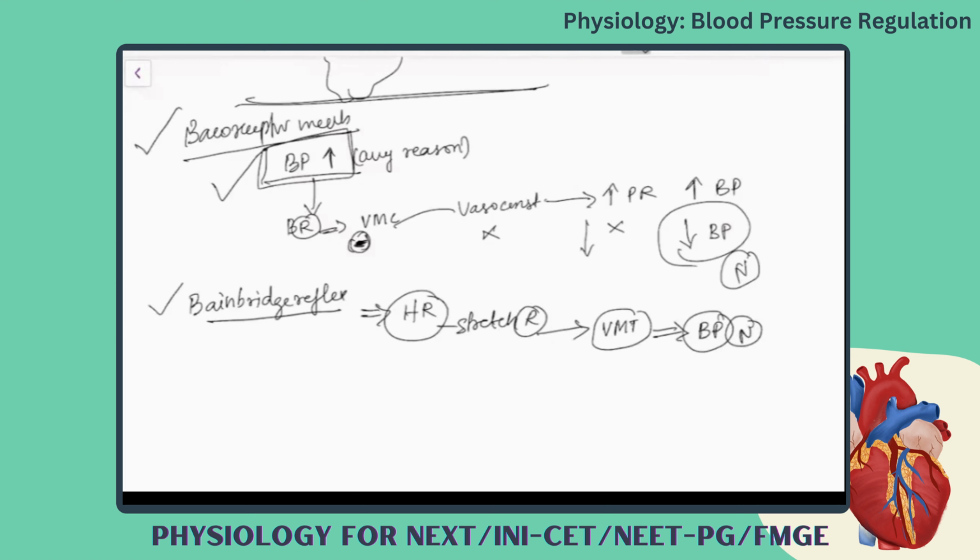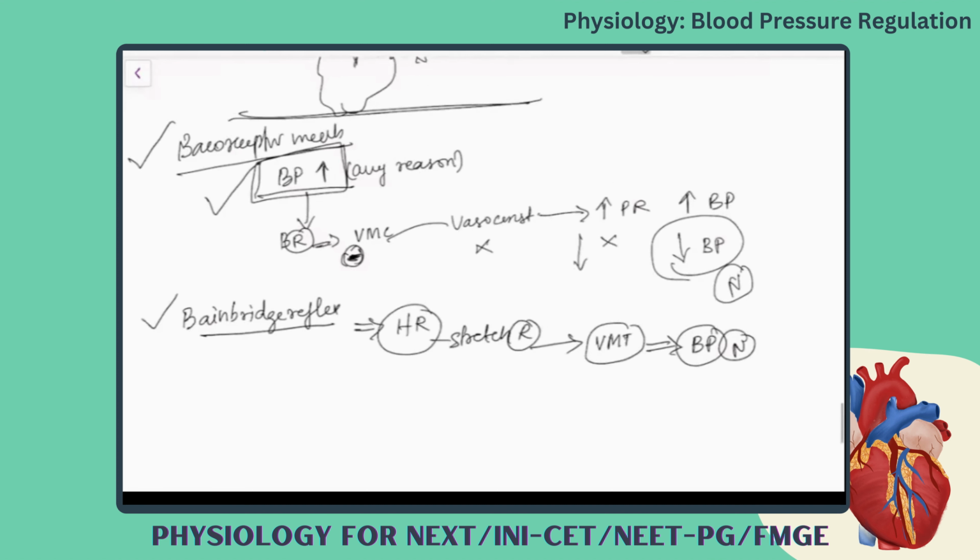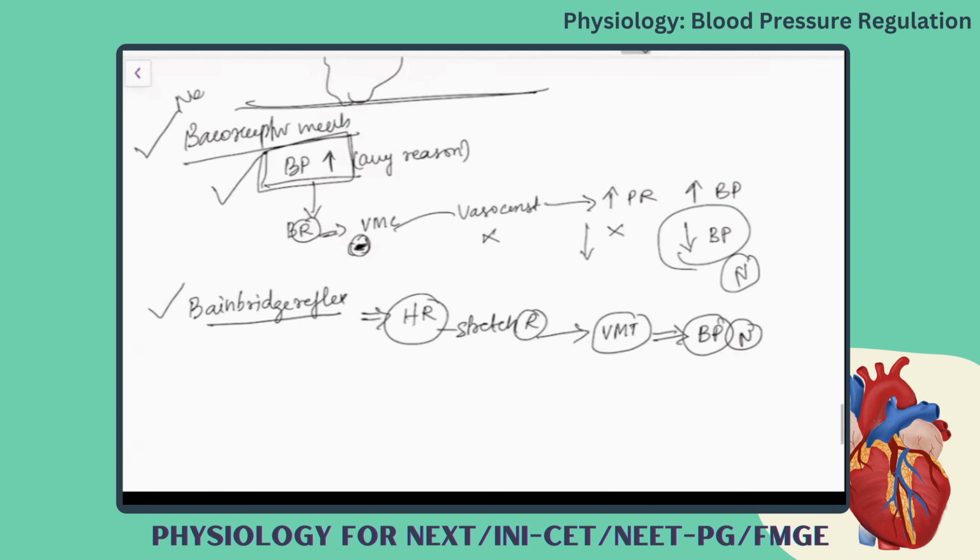So these are the two regulatory mechanisms which happen in the short-term regulation of blood pressure, and this is by the neural reflex. And there is also a regulation by the chemical reflex, that is the chemoreceptor. They are baroreceptors, and there is also the chemoreceptor reflex mechanism.